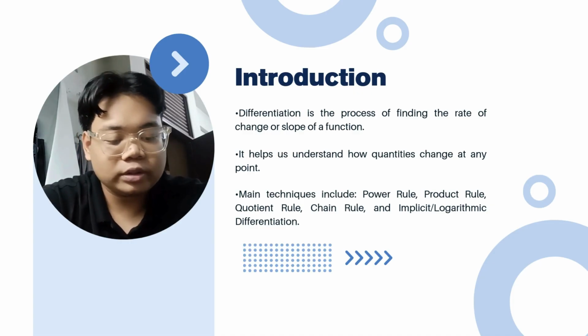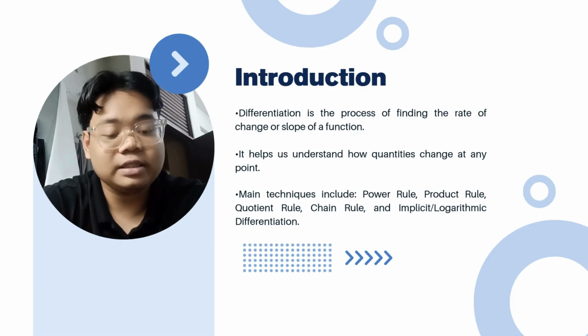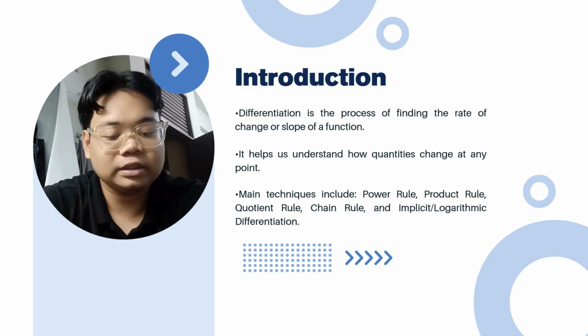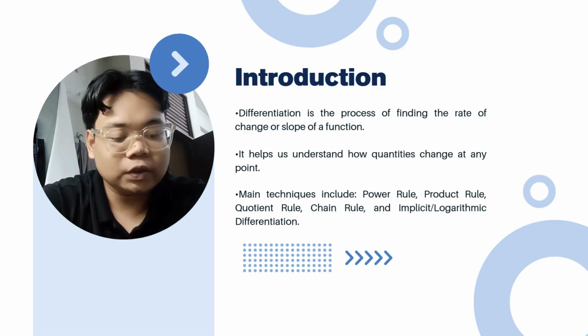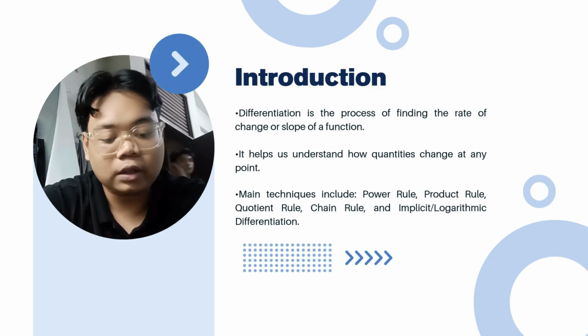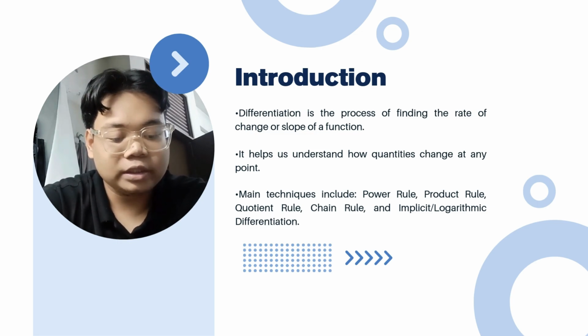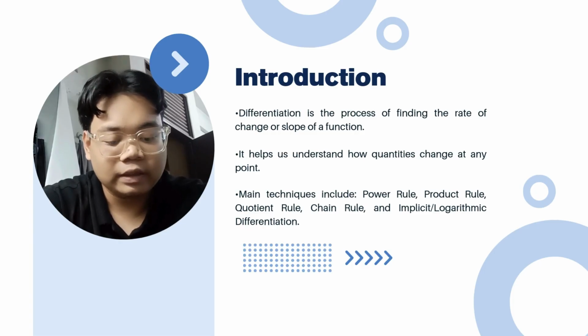To make the process of finding derivatives easier and more systematic, mathematicians use several techniques of differentiation. This includes the power rule, product rule, quotient rule, and chain rule, which help us differentiate different types of functions efficiently.